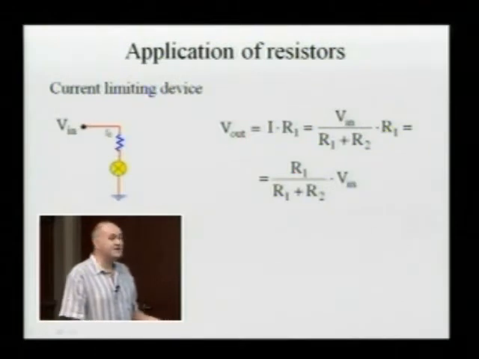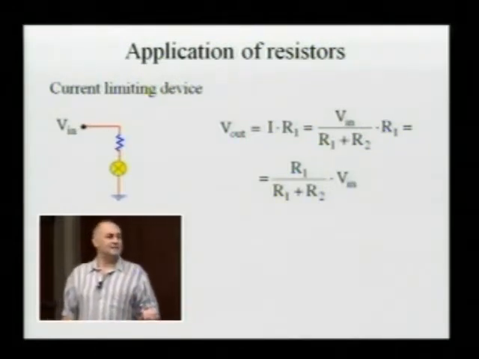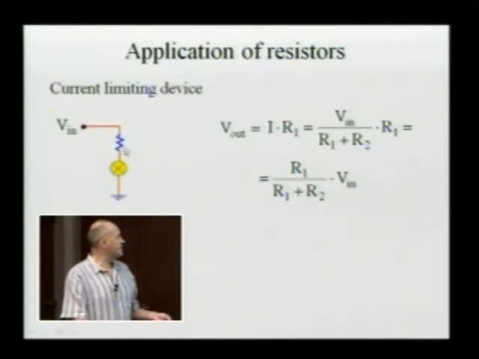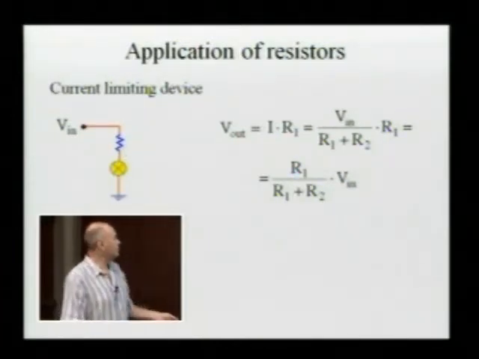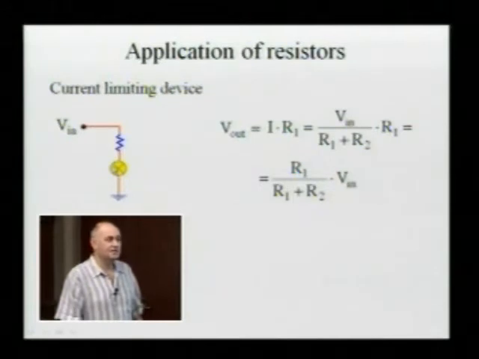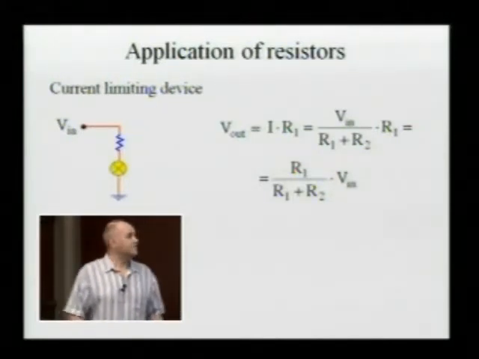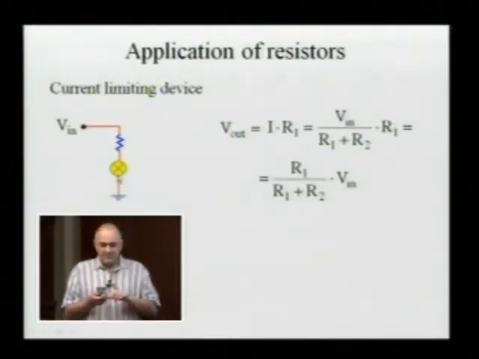Well, the bulb should get 1/3 of the voltage provided by the battery, which means that the resistance of this resistor should be 2 ohms. So if I put in 2 ohms and connect to 9 volts, it's going to work because we will have the right potential difference across the light bulb.